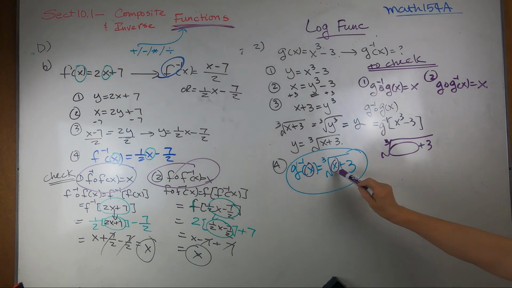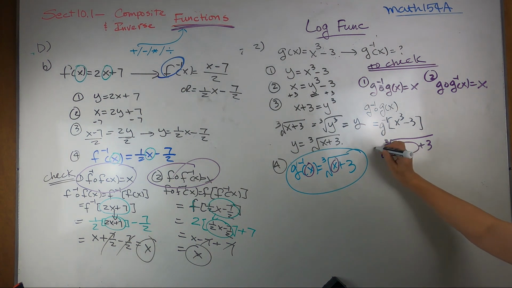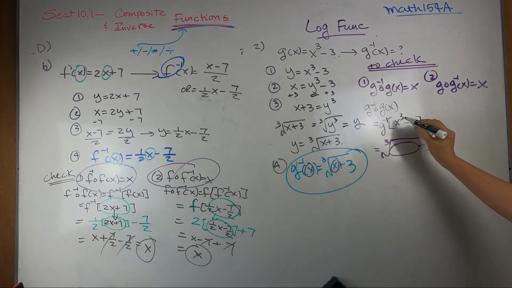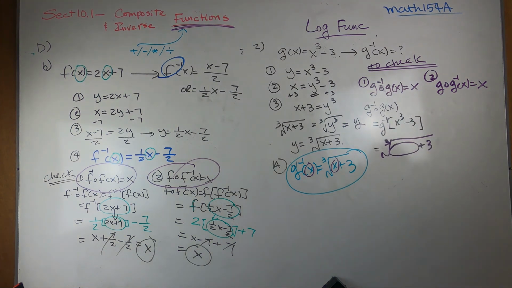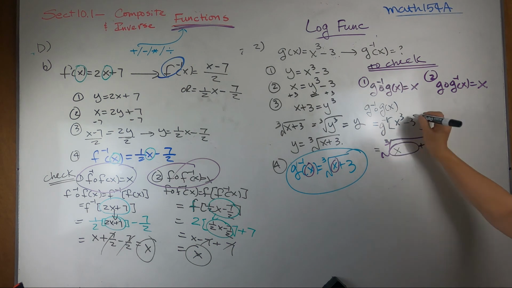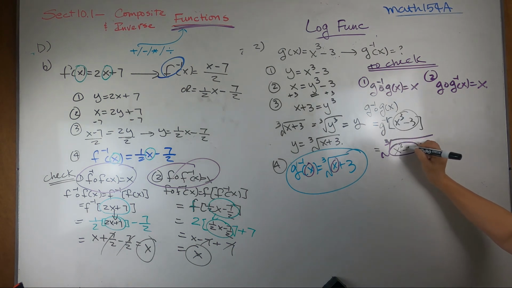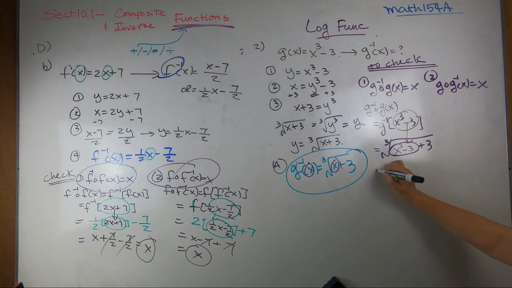Is that what this one is saying? Okay? So now the given one is x cubed minus 3. So that's the one it's given. So what do we have? Those cancel. So you have cube root of x cubed. That's x. So you get back.